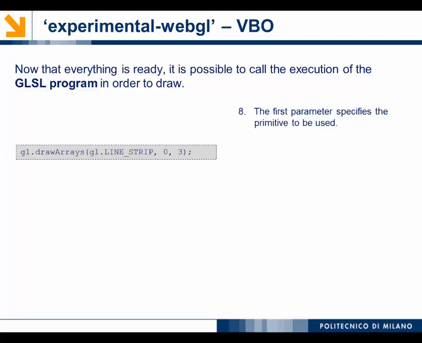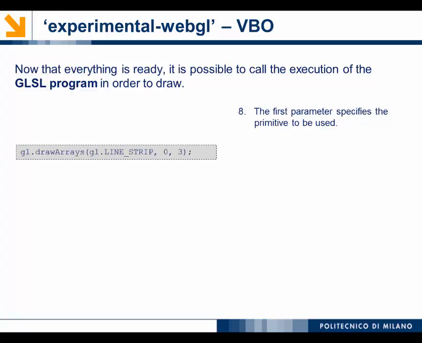I take all those data and I try to reserve a portion of memory on my GPU where to store them. Once I did this, I create a program that handles those data. I create the bridge between the portion of memory where the data are and my program. I send the data to the program, and at this point I ask the program, okay, now draw on the screen what I want to see.